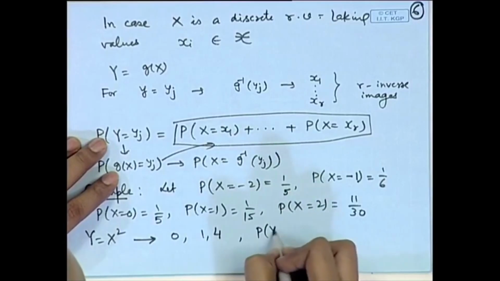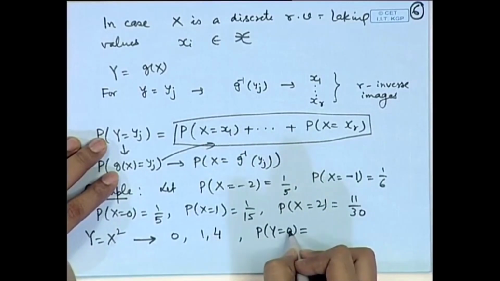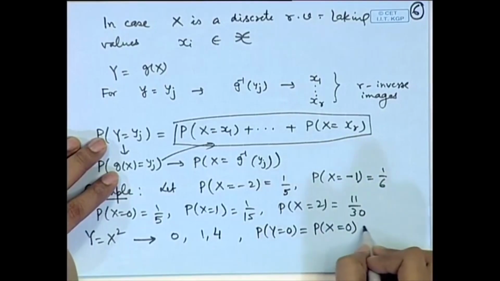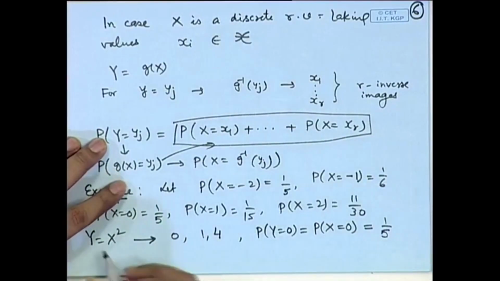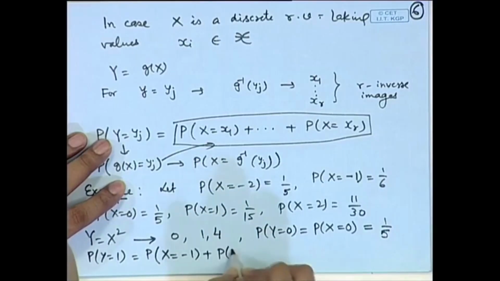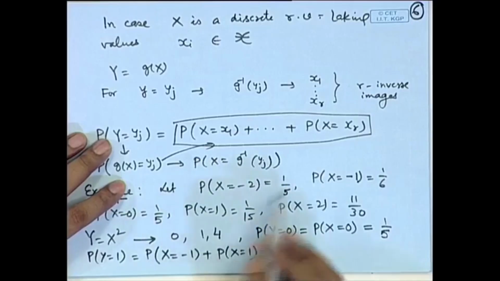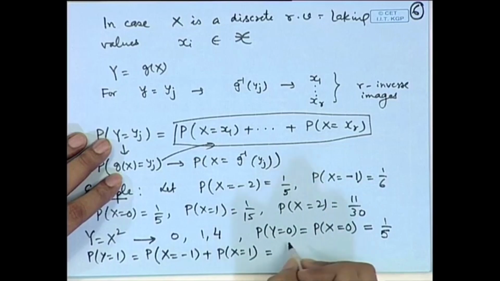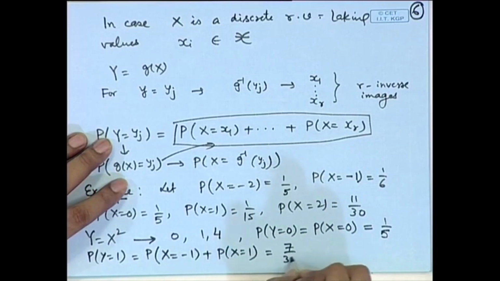Now, probability of Y = 0. This has only one inverse image, that is probability X = 0, which is 1/5. If we are looking at probability Y = 1, then there are two inverse images, X = -1 and X = 1. So, the probabilities 1/6 and 1/15 will be added up, and we get 7/30.